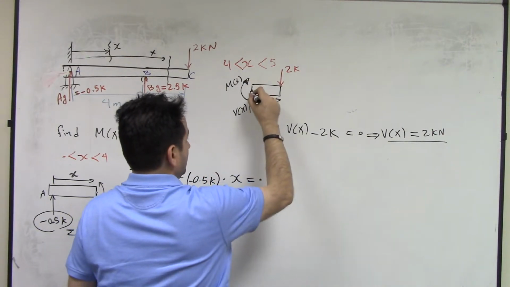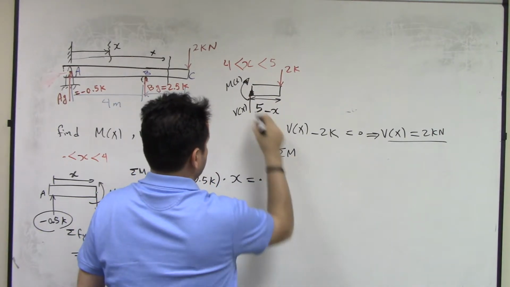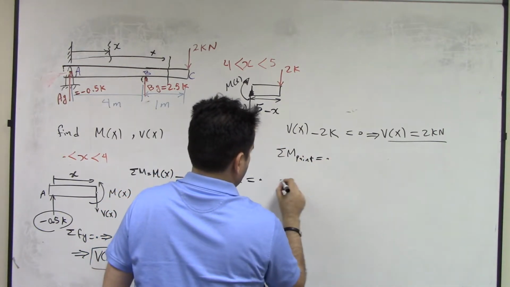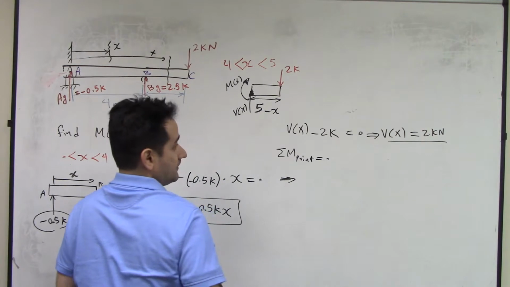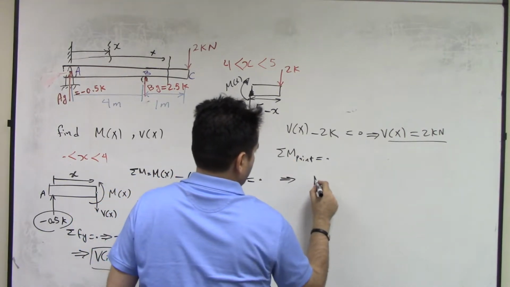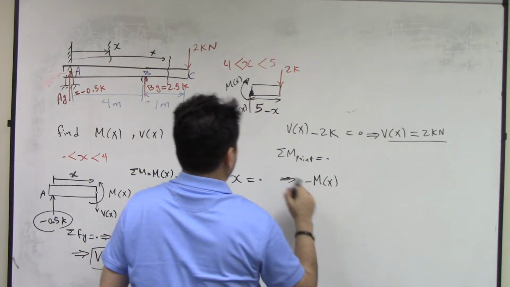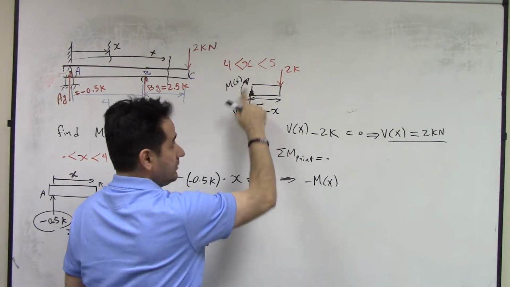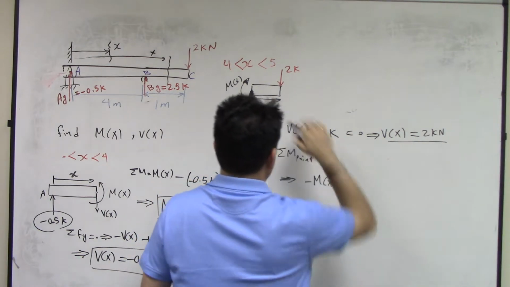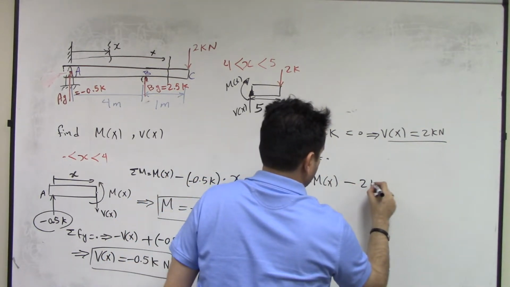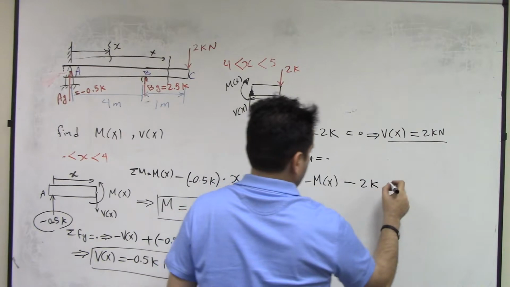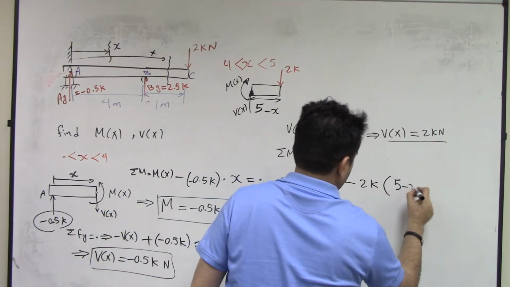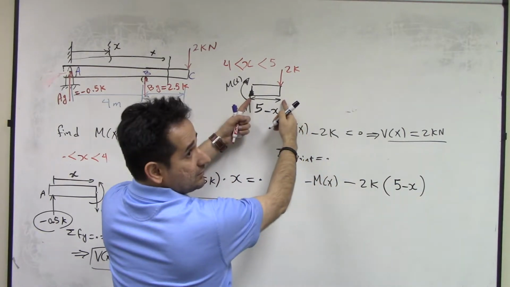So write moment around this point is 0, equilibrium equation, right? So that gives you Mx negative going inward, right? Vx doesn't have a moment, it goes through that point. Negative 2k times the distance. The distance is 5 minus x, right?